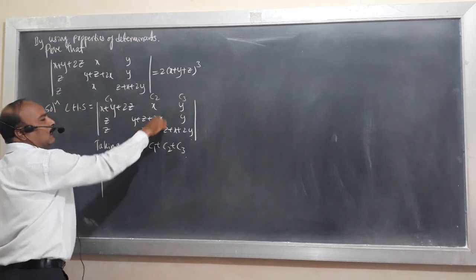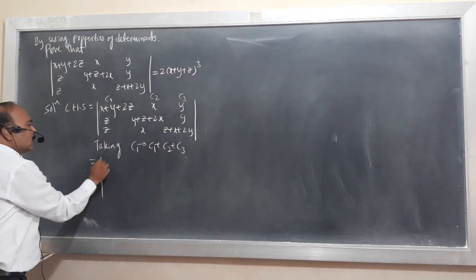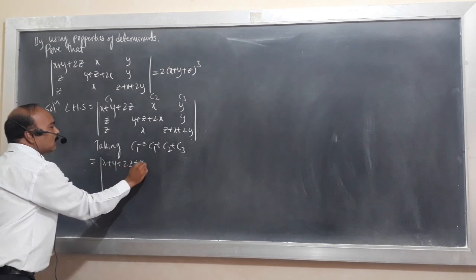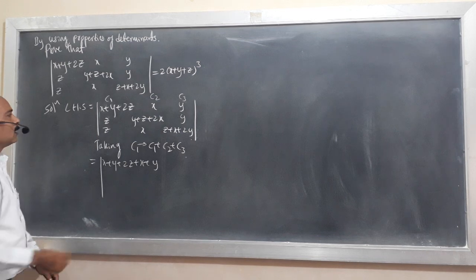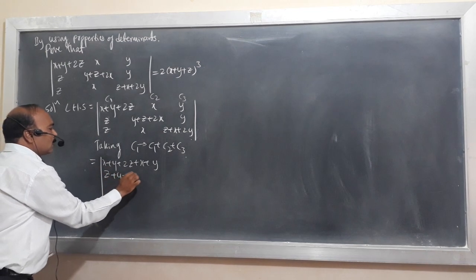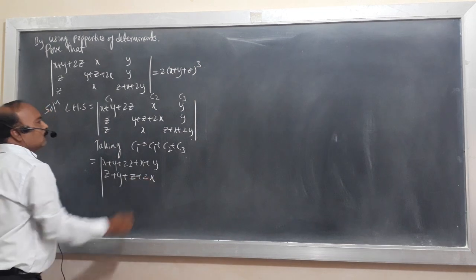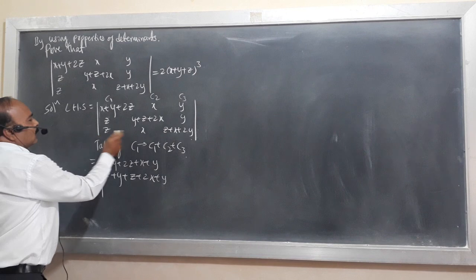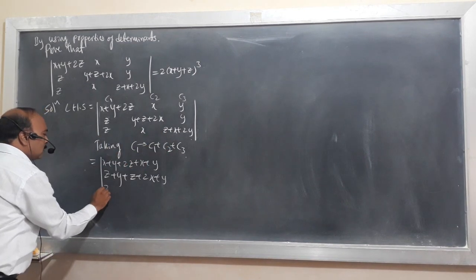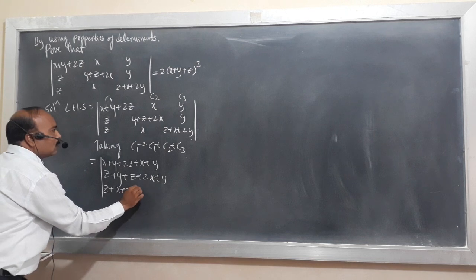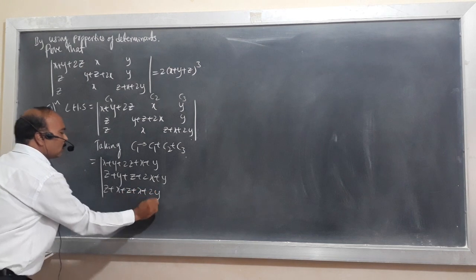Now we are adding all the columns with the first column, that is x plus y plus 2z plus x plus y. Second element, z plus y plus z plus 2x plus y, and adding all the three, z plus x plus z plus x plus 2y.